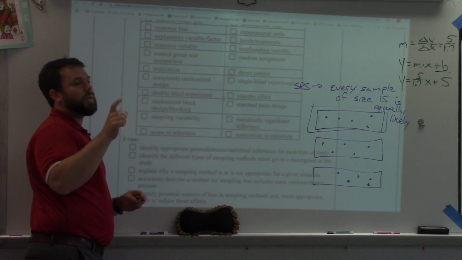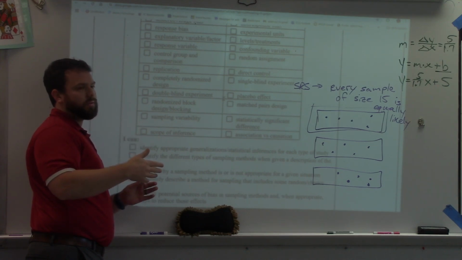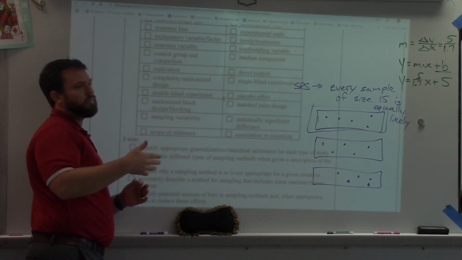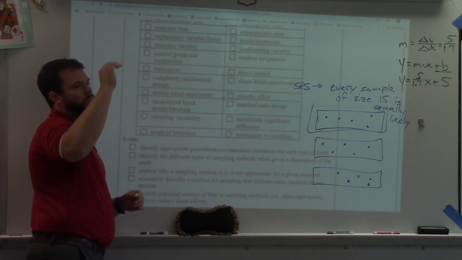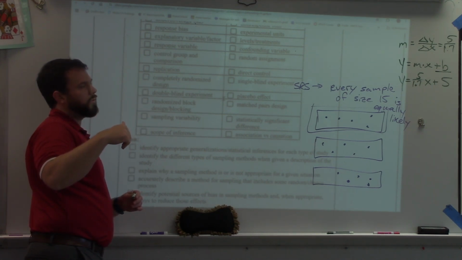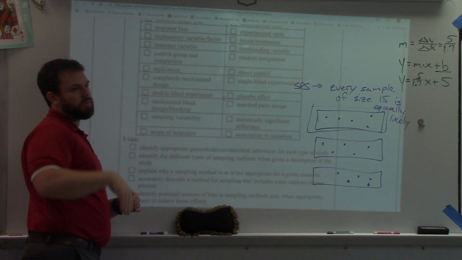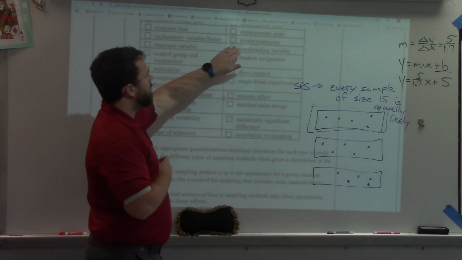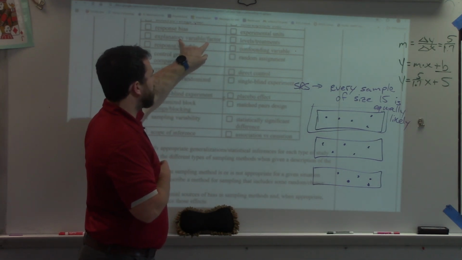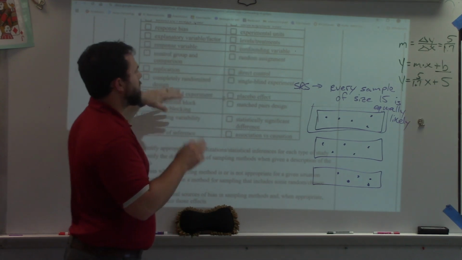Then it's the combinations of those levels that give me my treatments. So it would be 3 and 3, so 9 total treatments: 12 hours of sunlight with each of those amounts of water, 10 hours of sunlight with each of those amounts of water. Levels are the different values within each variable or factor. The treatments are the combinations.